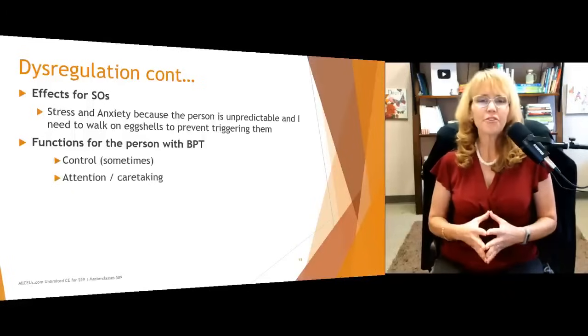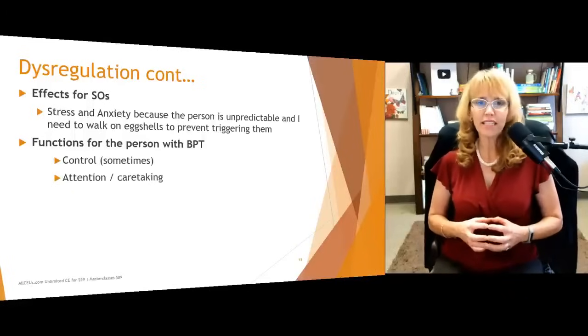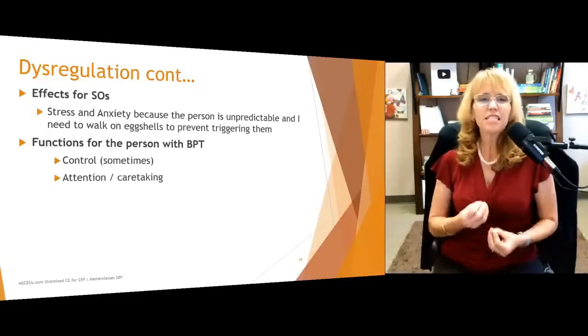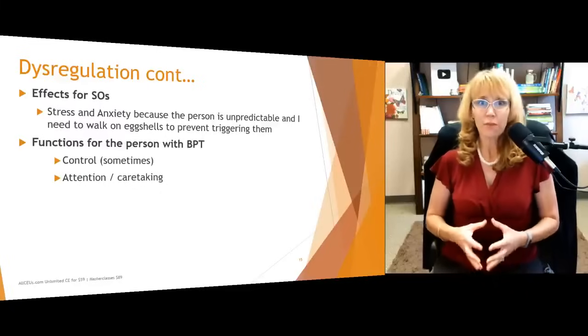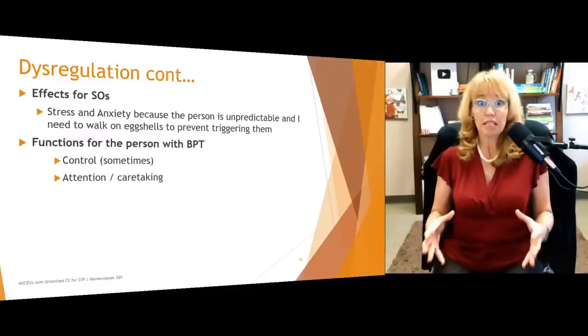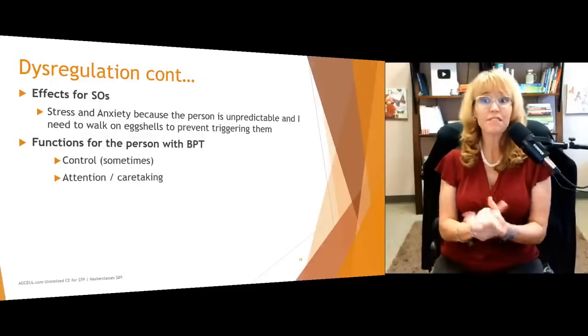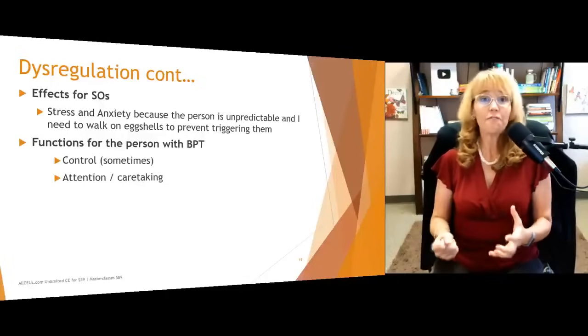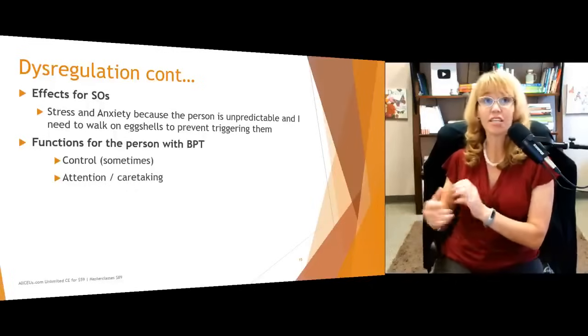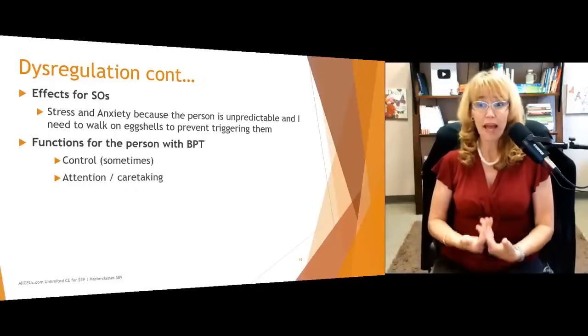For significant others, when the person with BPT dysregulates, they experience a lot of stress and anxiety because it's intense when they do this. And it can be verbally abusive sometimes, or it can be terrifying if the person is engaging in self-destructive behaviors.